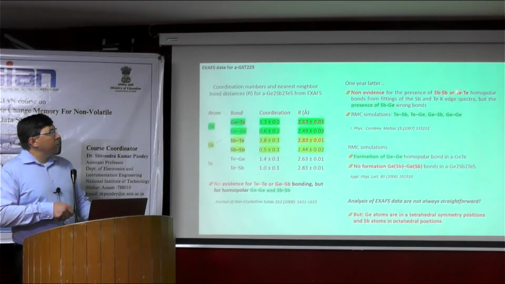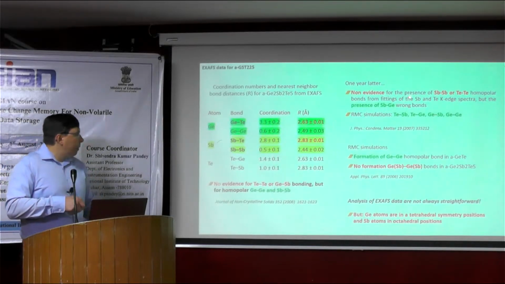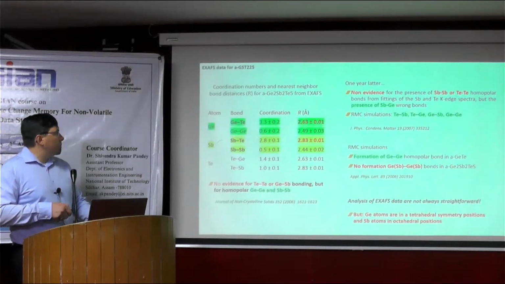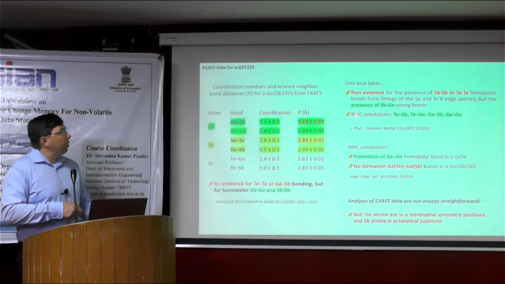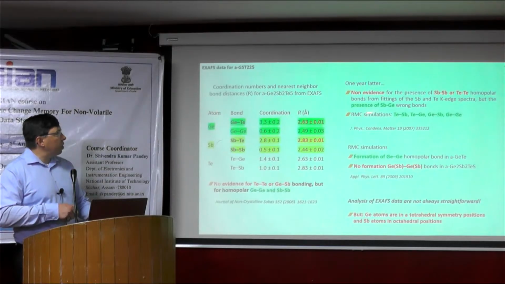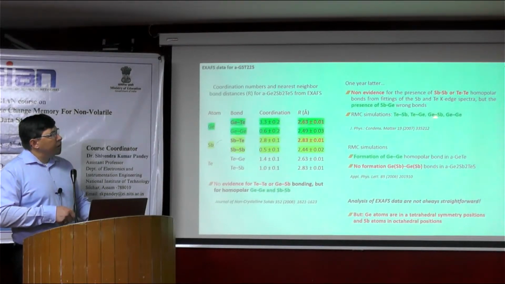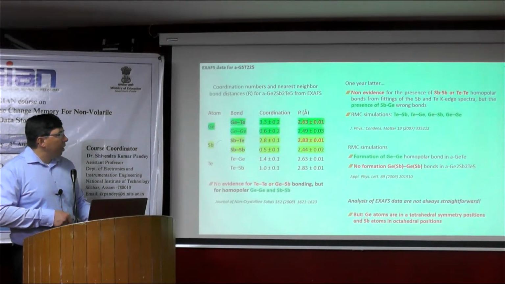And also no tellurium bonds, so they confirmed this. And also they found the presence of germanium-antimony wrong bonds. And they also supported their data by RMC simulation and found the existence of such bonding.